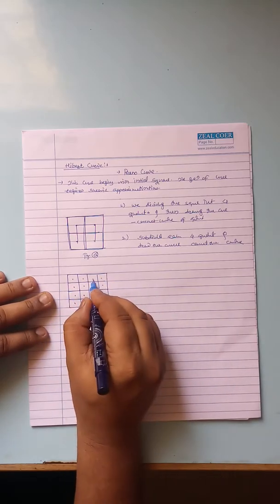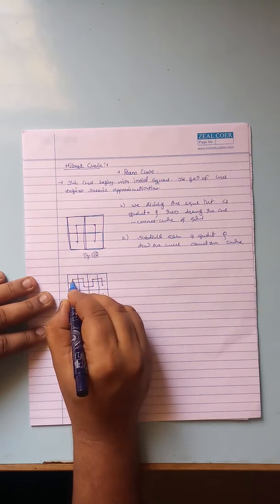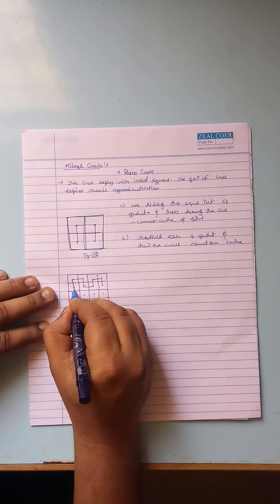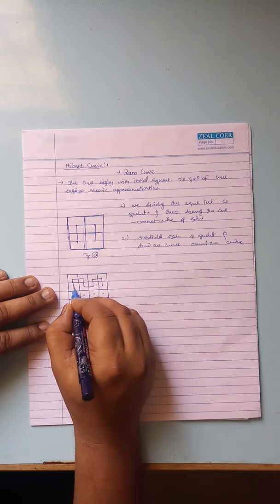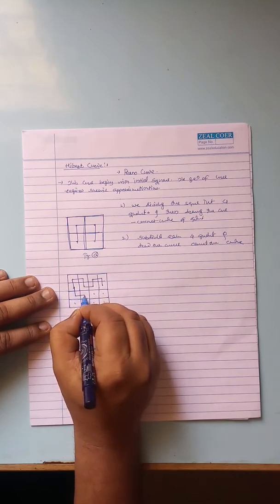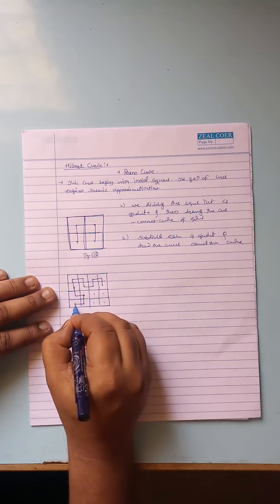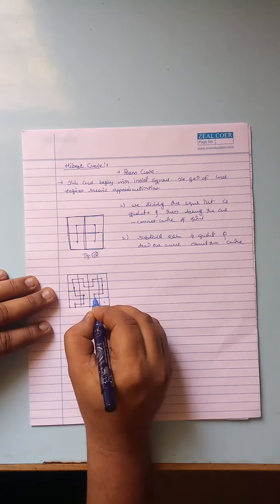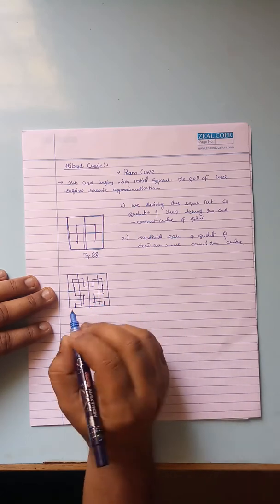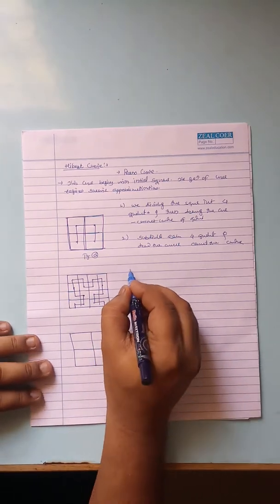Again we connect the centers like this one. This is the second approximation.